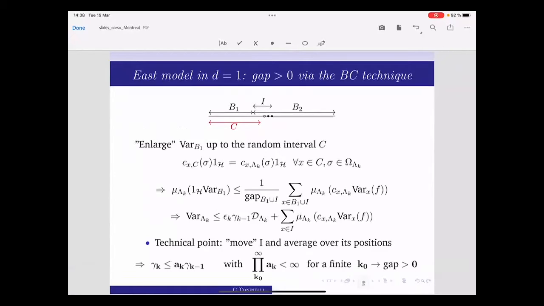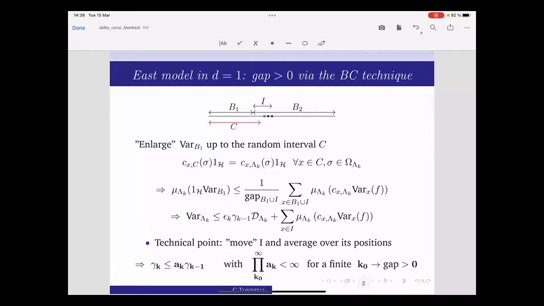So the only point is that we have counted twice. So there is a contribution which is twice for all the sites which belong to this little stripe I, because they both appear in the dynamics to upper bound the variance on block B2 and to upper bound the variance on the block B1 enlarged up to the first empty sites.